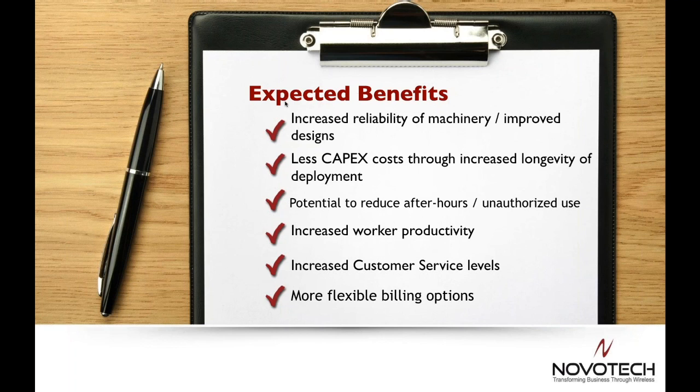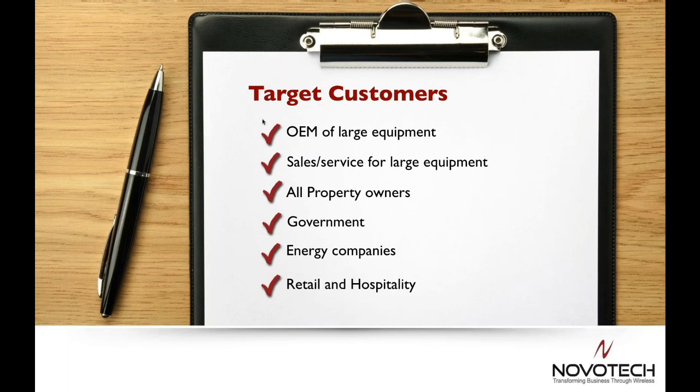As well, if the devices are going down less often in the field, you're probably going to get a few less customer complaints. Finally, knowing how and when devices are used allows you to improve your billing options. If, for example, you bill today on a flat rate, you might now be able to bill on per hour usage. And this might allow you to be a key differentiator versus your competitors.